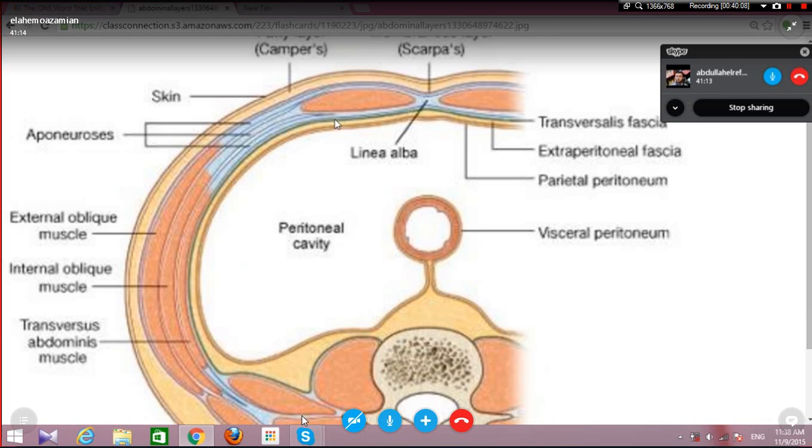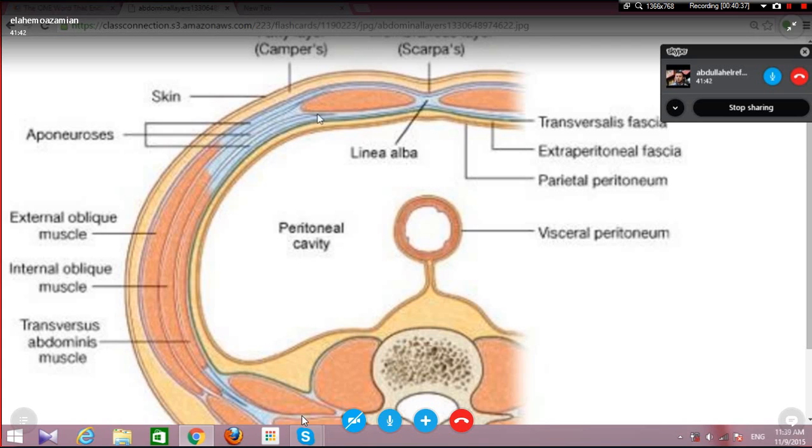So do you see here we have a layer around the rectus abdominis. This is called rectus sheath. So rectus sheath is made up by aponeurosis. We said the rectus sheath is formed by aponeurosis of the three lateral abdominal muscles. Aponeurosis of internal oblique is split into two laminae.